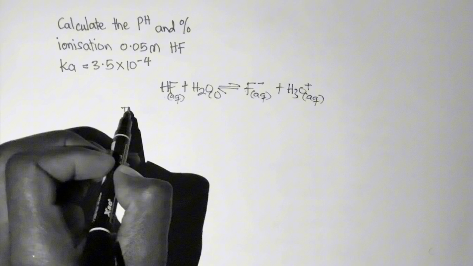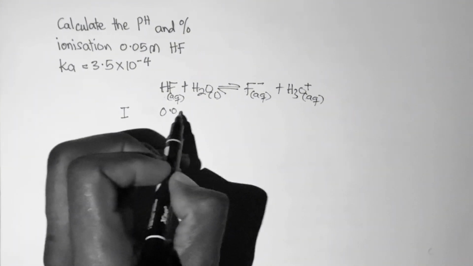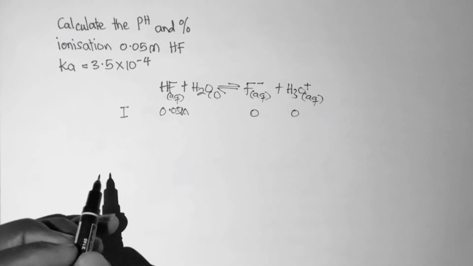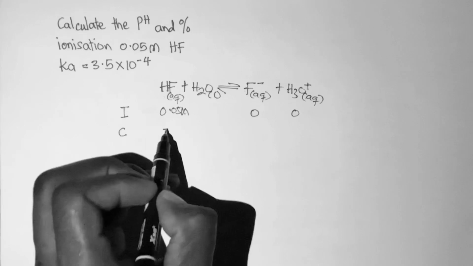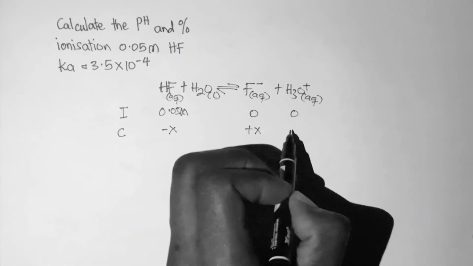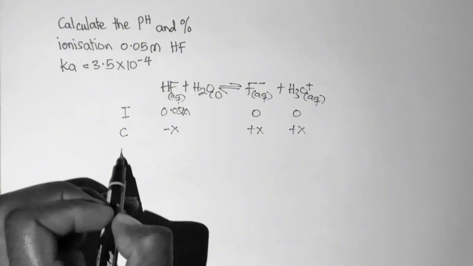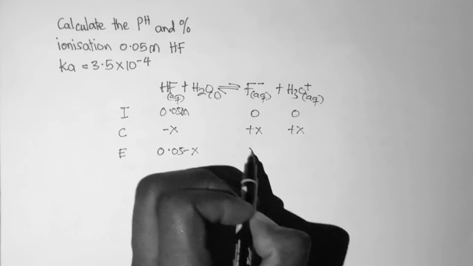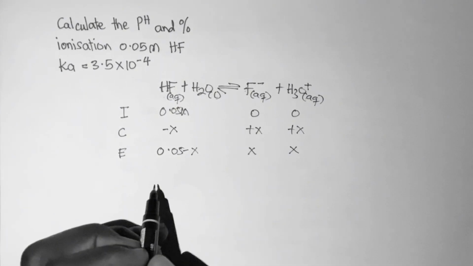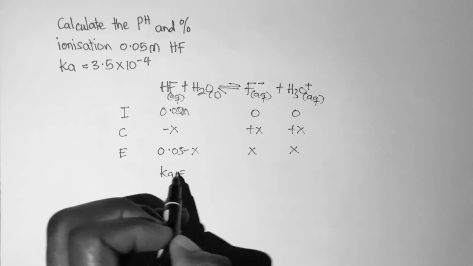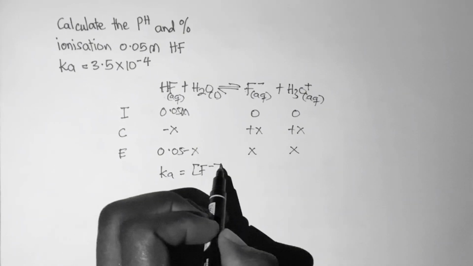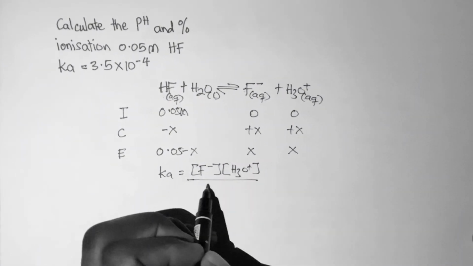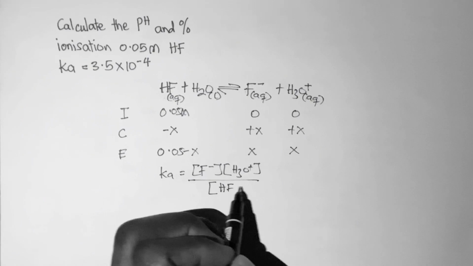So the initial concentration of HF is 0.05 molar. And this is 0 and this is 0. The change here is minus X, here is plus X. This is also plus X. Then the equilibrium concentration, here 0.05 minus X, here is X, and this is X. So Ka is equal to concentration of the fluoride anions times the concentration of the hydronium ions divided by the concentration of the HF.